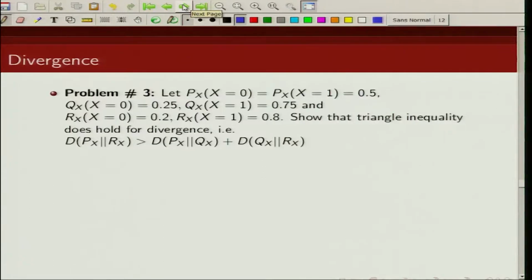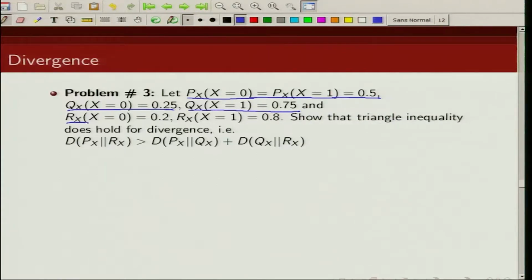We want to demonstrate with the help of a simple example that divergence, the relative entropy, does not satisfy the triangle inequality. So I have given you three probability distributions: p of x, for x equal to 0 and x equal to 1, is 0.5 each; q of x, for x equal to 0 is 0.25 and for x equal to 1 is 0.75. They all take binary values 0 and 1.